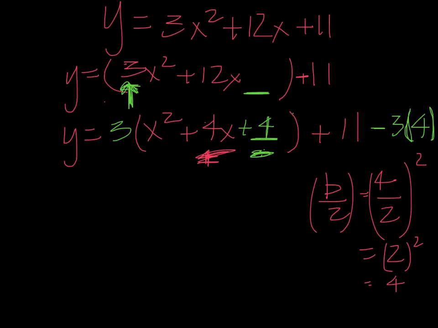So what I have here is 3 times (x squared plus 4x plus 4), and I combine the 11 minus 12, which is negative 1. Because 3 times 4 is 12, and 11 minus 12 is negative 1.